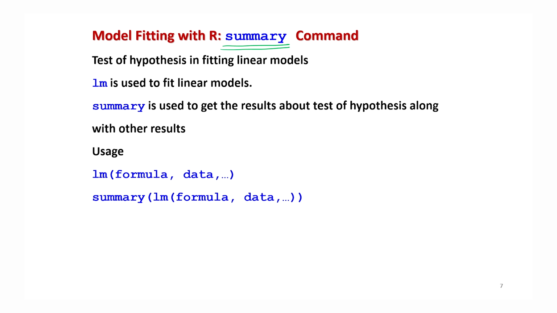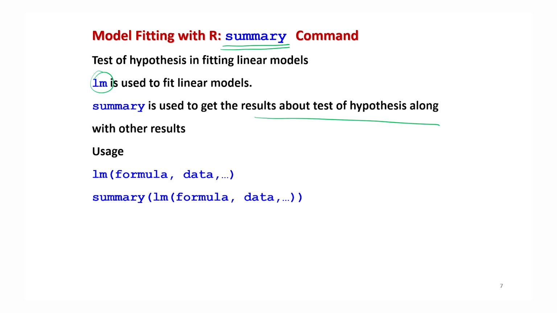When you use summary with a data vector, you get the minimum, maximum, first quartile, second quartile, etc. Similarly, if you use summary with the lm command, the linear model command used to find the fitted linear regression model, we also get the results of the test of hypothesis along with some other results, which I will take up one by one.